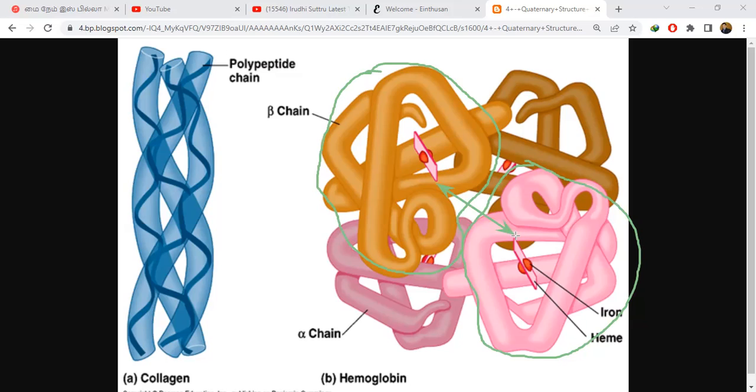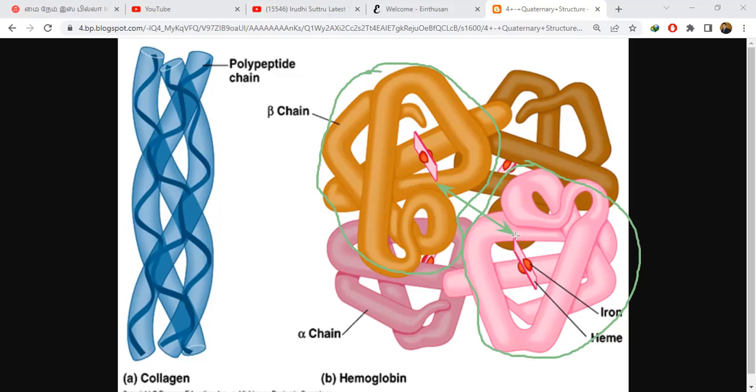At the same time, within the subunit, there will be hydrogen bonds, like intramolecular attraction. If it is occurring inside the molecule, how will you describe it?